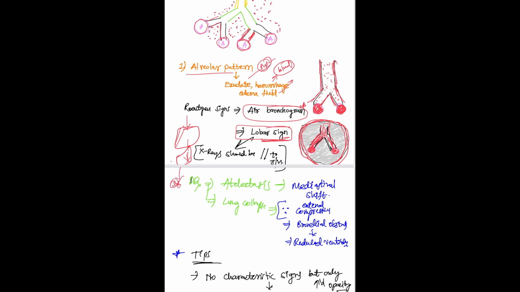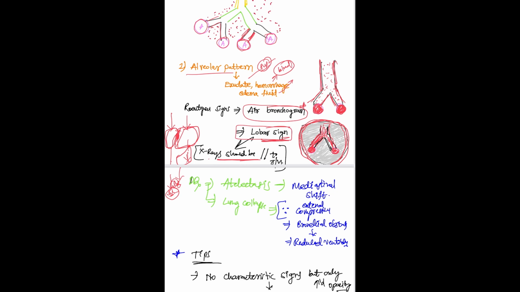But when the affected lung lobe is towards the other side of the normal, healthy lung lobe, and the X-ray comes like this, then you can see the lobar sign very clearly. So the requirement here is that the X-ray should be parallel to the junction between the healthy and unhealthy lung lobe.